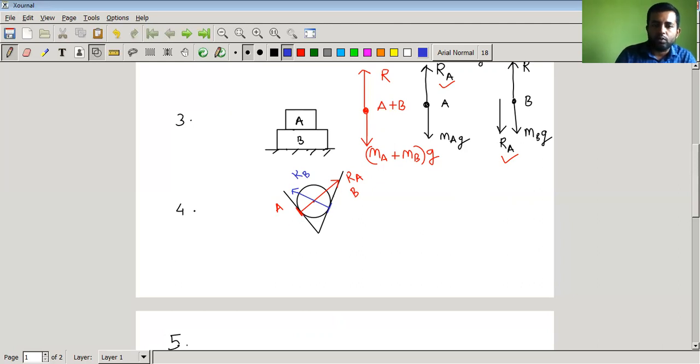Now suppose this ball has mass m, and let us say this is earth. The earth will exert a force, and that I am writing as m into g. So these three forces will be acting on the ball resting in the groove.